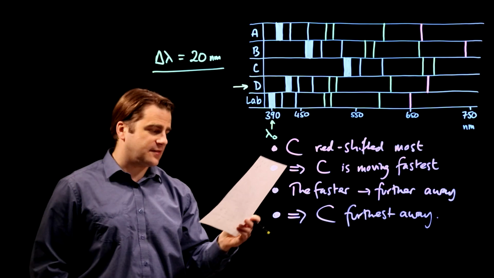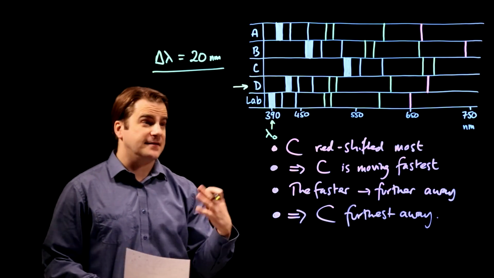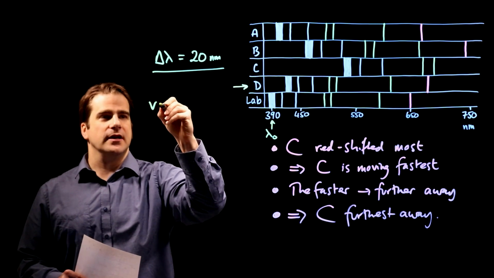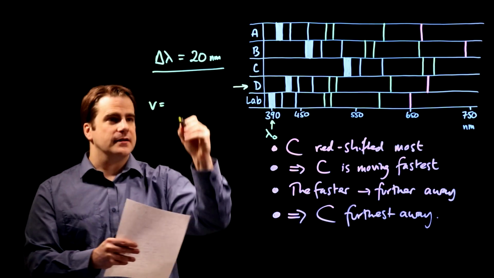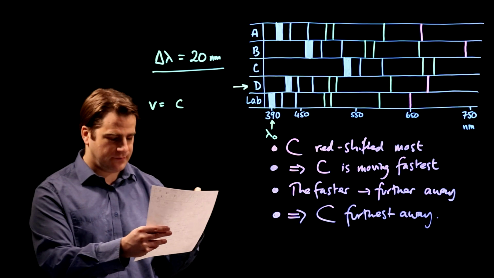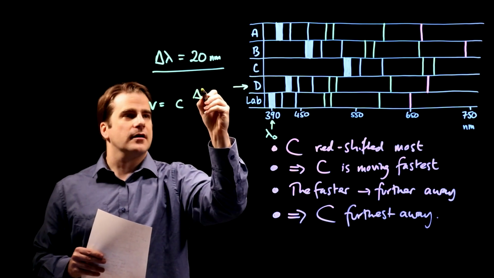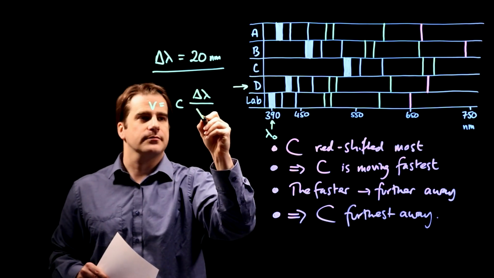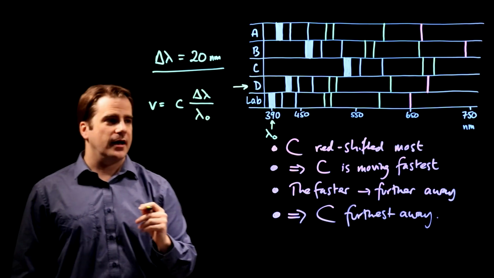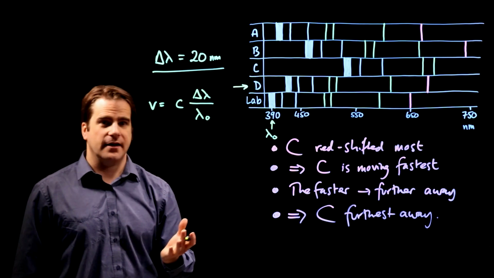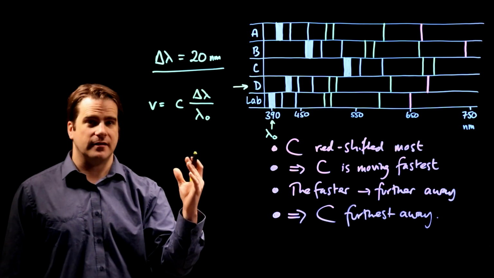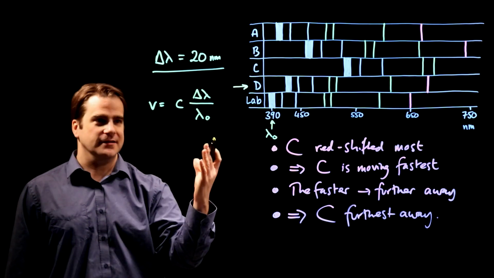Now, you have to calculate the speed of galaxy, v, and they tell you the equation, so that's nice of them. The equation: v is c, which is the speed of light, times delta lambda divided by lambda naught. Okay, pretty straightforward. Stick in the numbers. They want you to use 3 times 10 to the 8 as the speed of light, which it is.